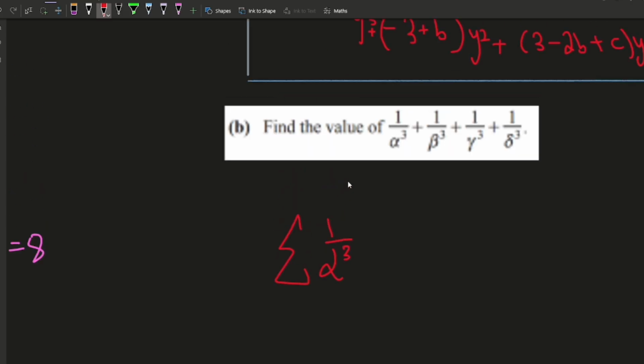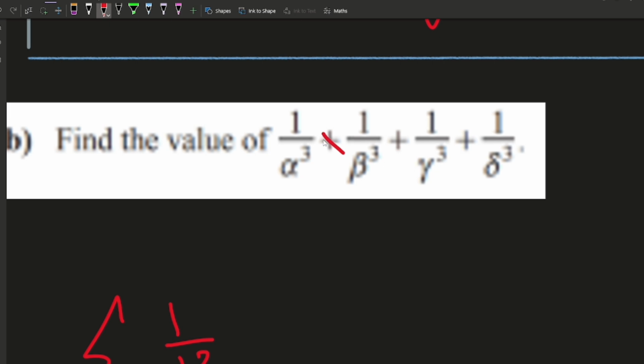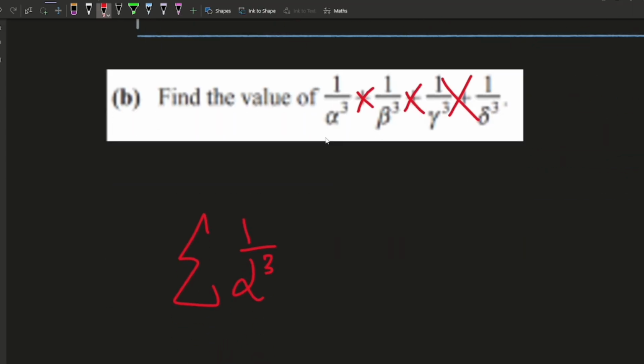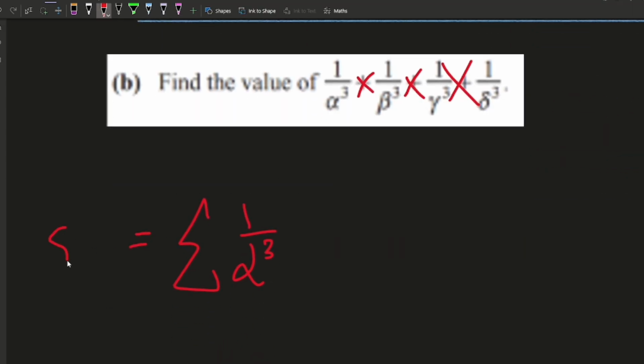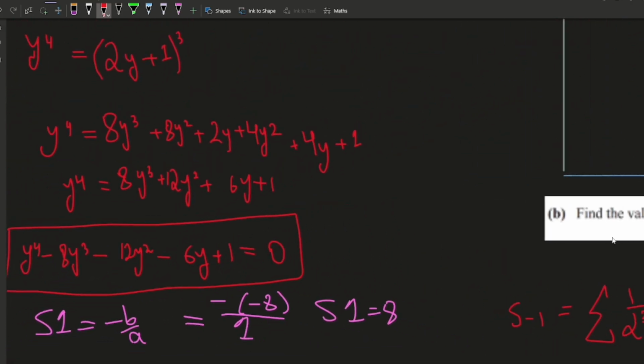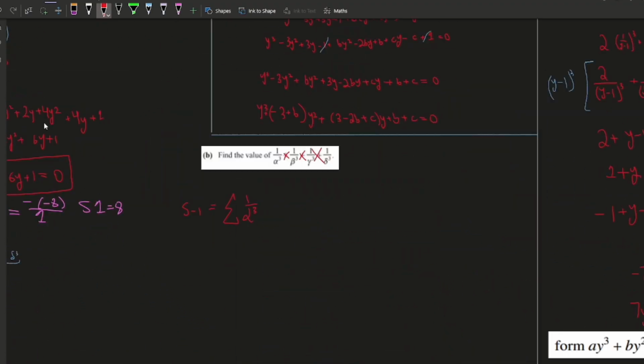If we were to take the LCM for this, this equation is actually equal to S minus 1 of our new equation, because our roots, alpha cube, beta cube, gamma cube and delta cube, are inverted.